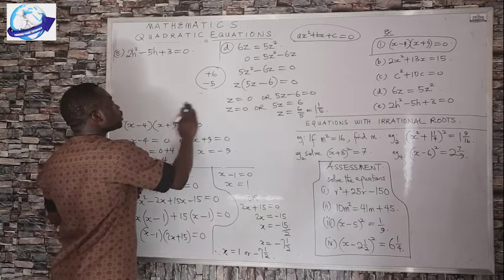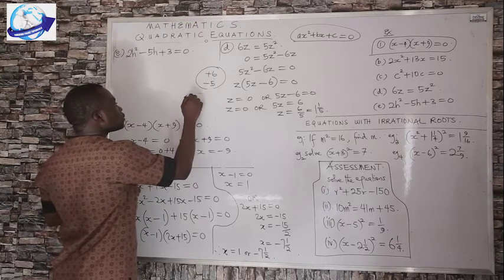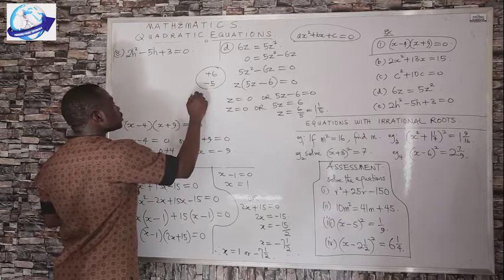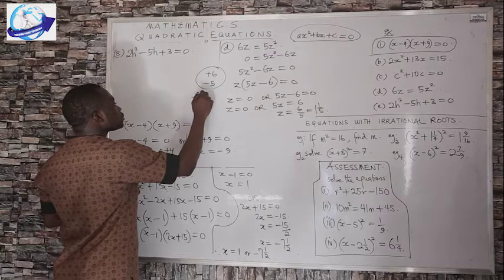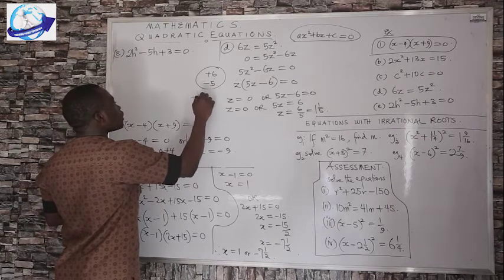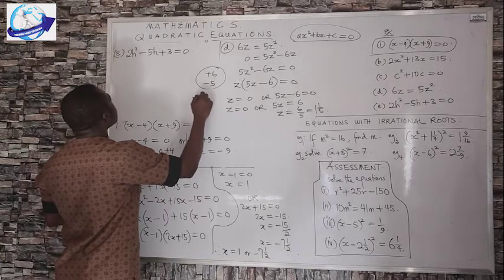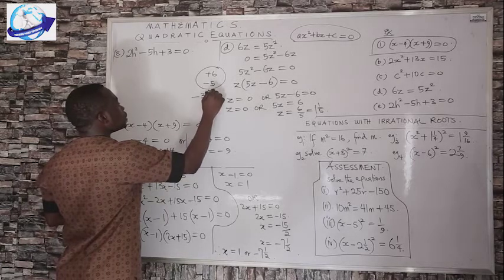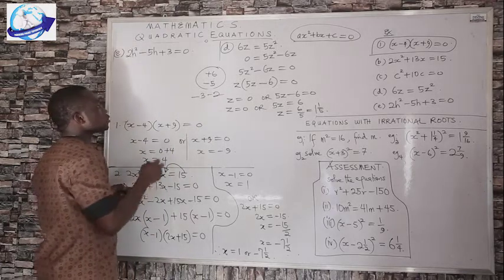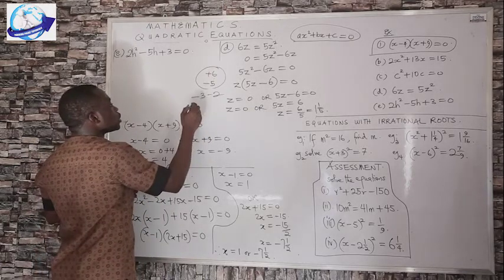So we have minus 3 and minus 2. Minus 3 and minus 2 are the factors.